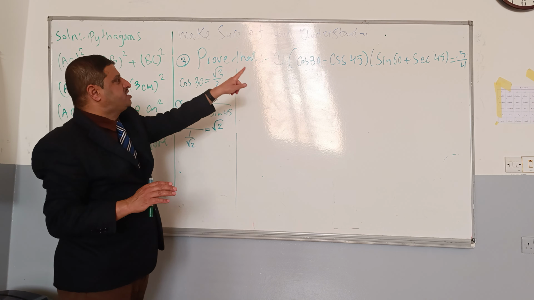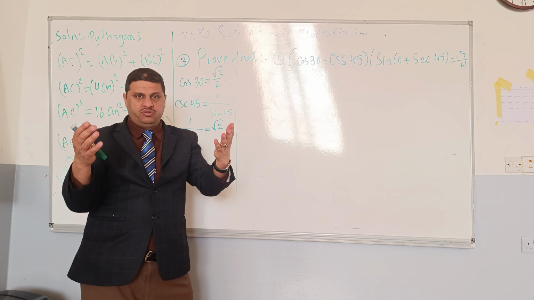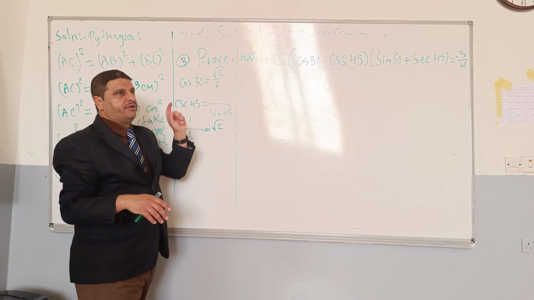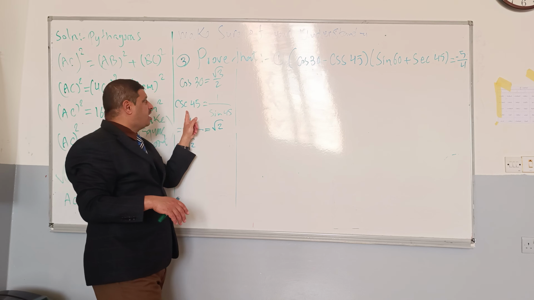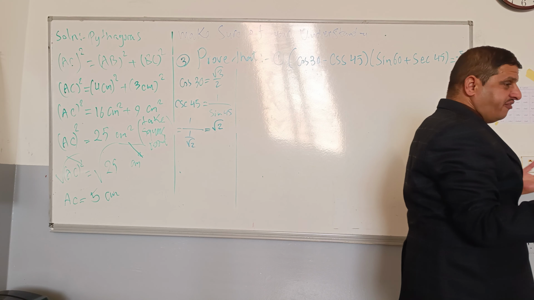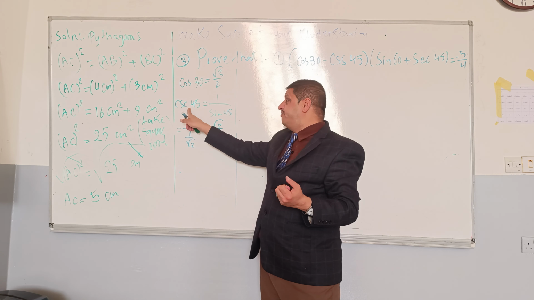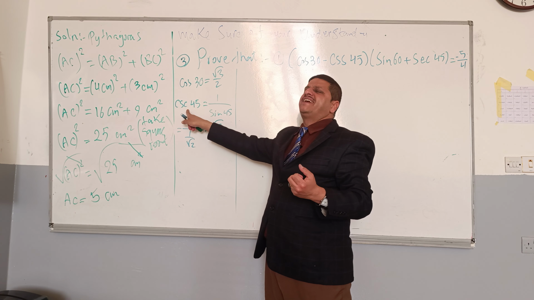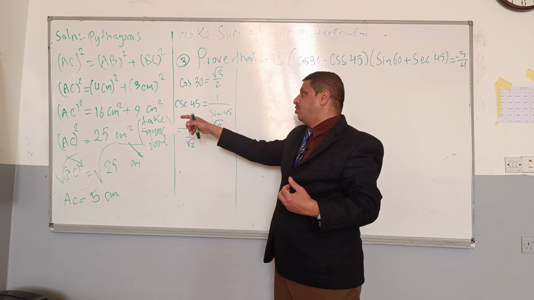First, the cosine of 30. Cosine of 30, you and I know that it equals square root of 3 by 2. Now, cosecant of 45. I don't have a direct cosecant of an angle.